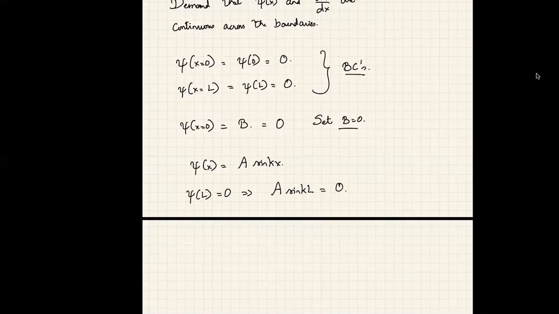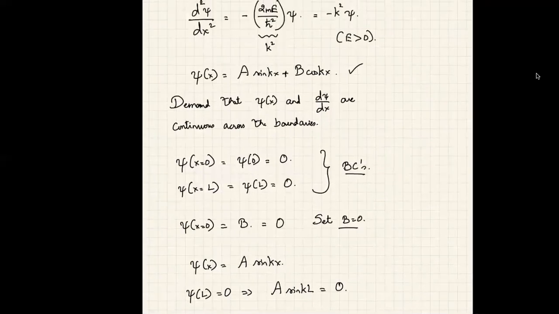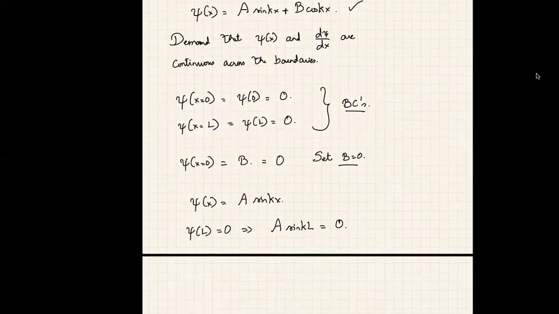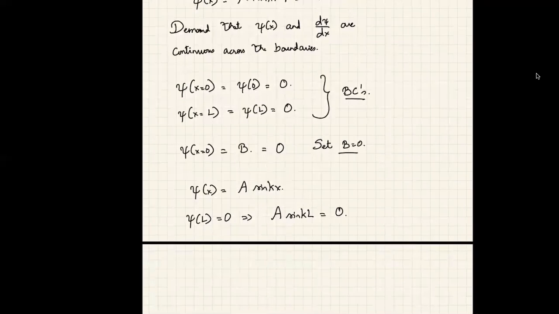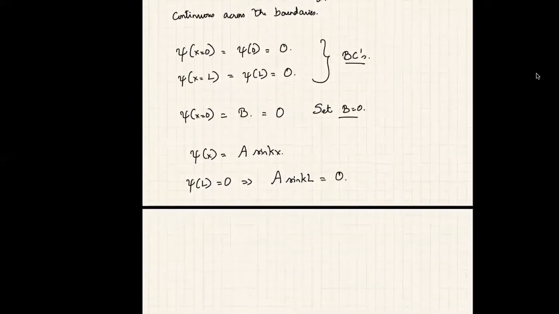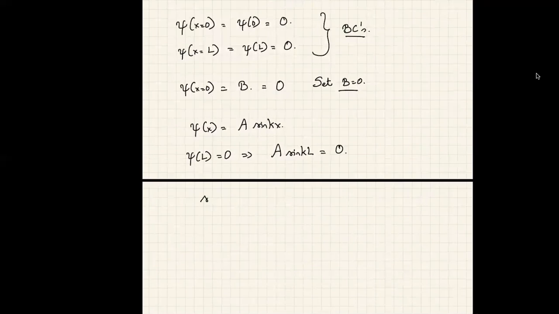But if A is also 0 and B is also 0, the general solution is just 0. That's a trivial solution. So we don't want that. So we don't want A to be 0, but I want to be able to satisfy this equation by demanding that sine kL is equal to 0. And if sine kL equal to 0, this tells me that kL is an integer multiple of pi. Okay, because sine n pi is identically equal to 0.